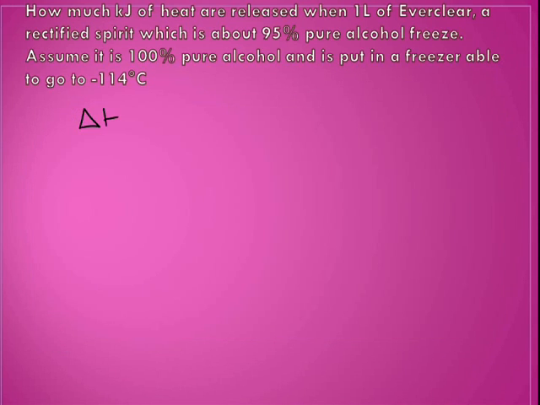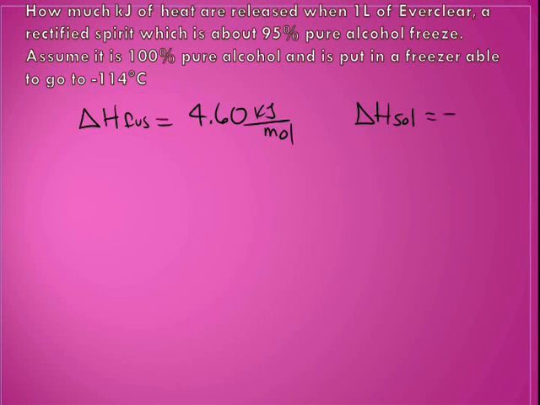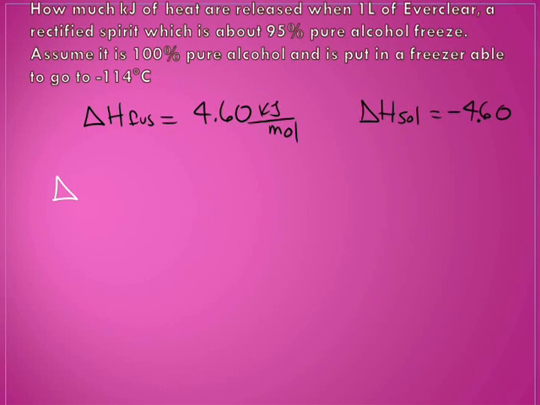So we have delta H of fusion for alcohol equals 4.60 kilojoules per mole, but we're using the delta H of solidification, and that's just going to be equal to negative 4.60. So we want delta H equals moles times delta H of fusion.